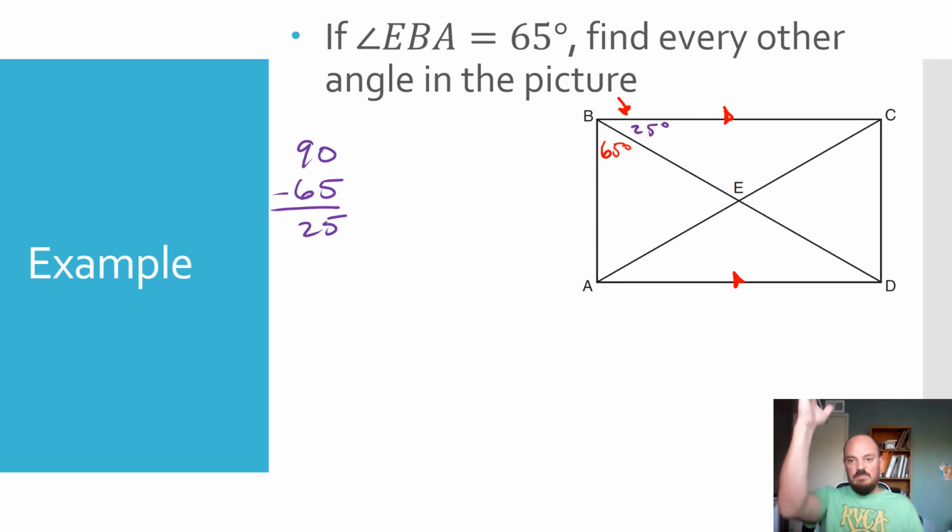Well, if I think of that line CD over there on the right as my transversal, then, actually, no, I'm sorry, it's not CD, I'm using BD. I'm using the diagonal line as my transversal. Then this is also 65 degrees, and this is also 25 degrees, because those are alternate interior angles.